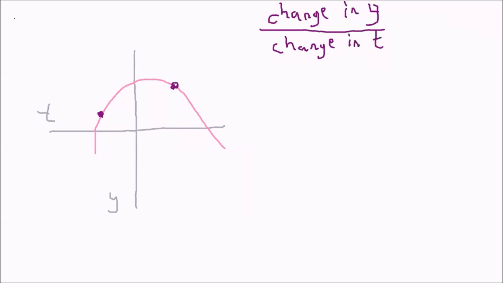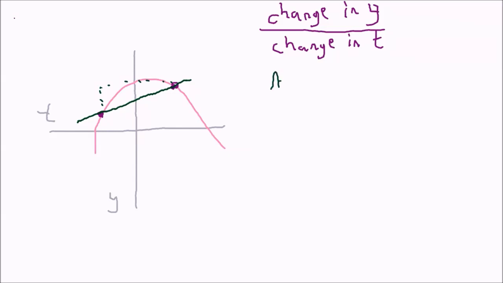So when I look over at my function, I see the change in y, well, I'll be going up like this, over the change in t, where I'll be going over like this. This is essentially the same thing as rise over run, which would measure the slope of this line. In this case, we'll be calling this the slope of the secant line, and that will represent the average rate of change.